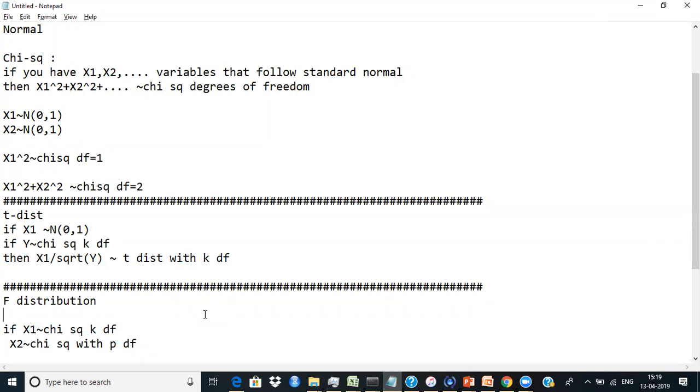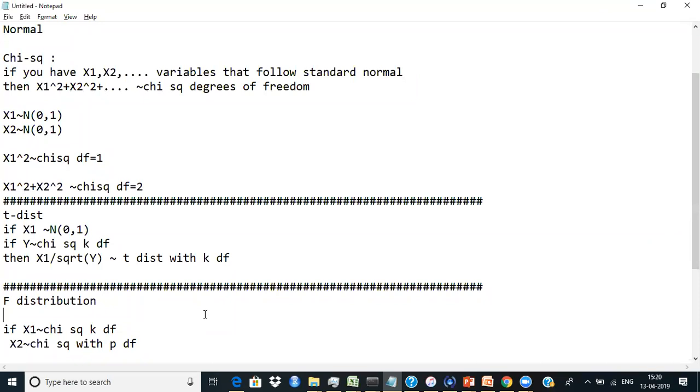So for now, degrees of freedom is the number of normals you are squaring and adding. You understand degrees of freedom in this context? Number of normal distributions you are squaring and adding. That's it.